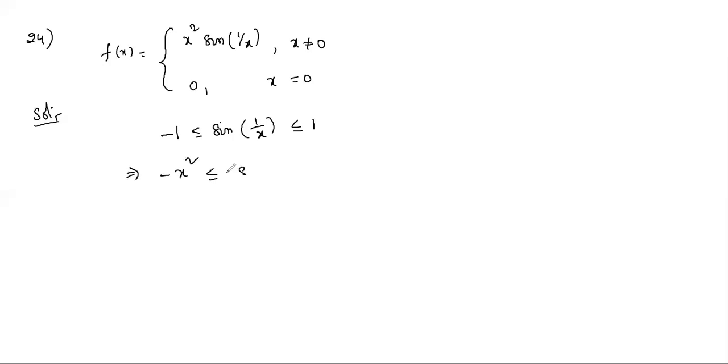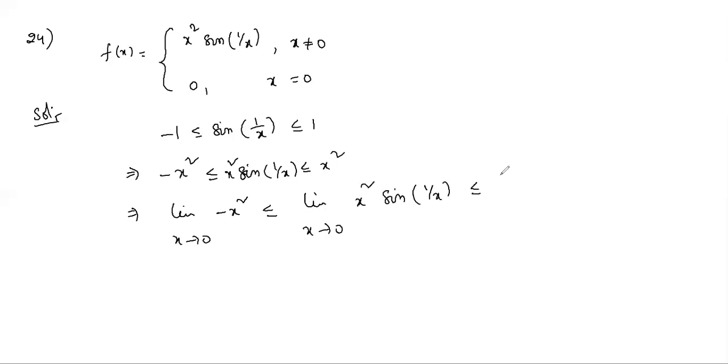So minus x square is less than or equal to x square into sine 1 by x, which is less than or equal to x square. Now take the limit as x tends to 0: the limit of minus x square is 0, less than or equal to the limit of x square into sine 1 by x, less than or equal to 0.